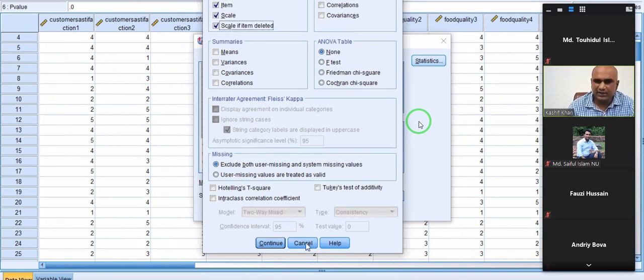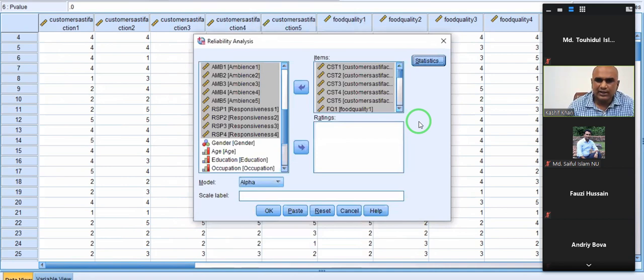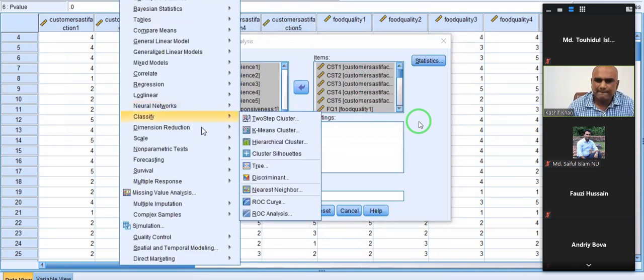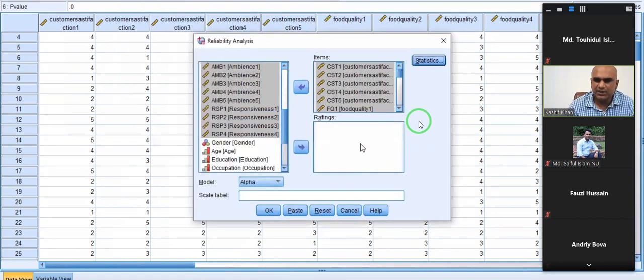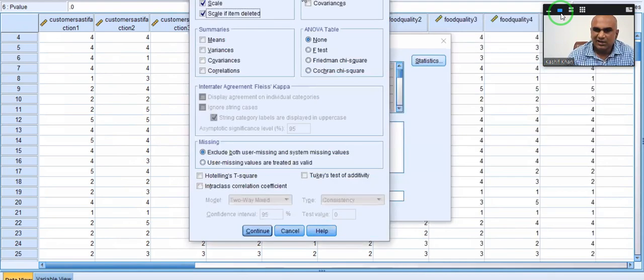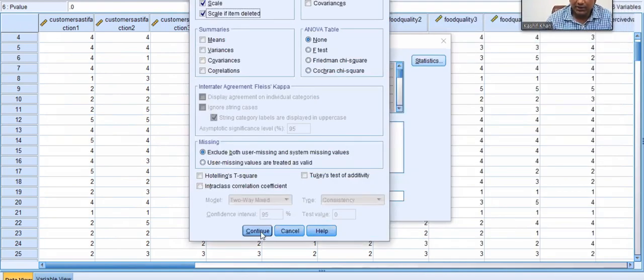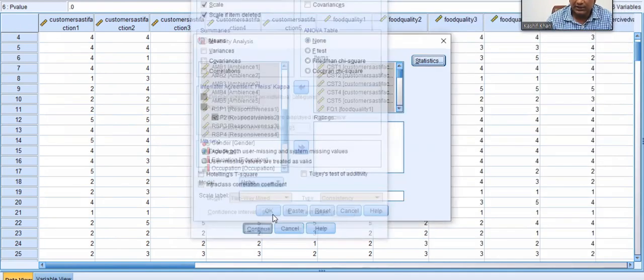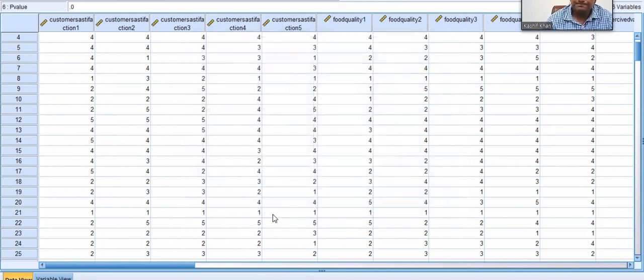Look what I've done, again: analyze, scale, reliability. I selected all my items, not the mean value. Never do it on the mean value, it would be wrong. It's always done on these items. Inter-item correlation, I don't need to do that, it's going to be there anyway. Click OK.